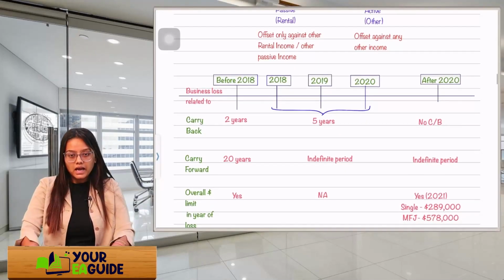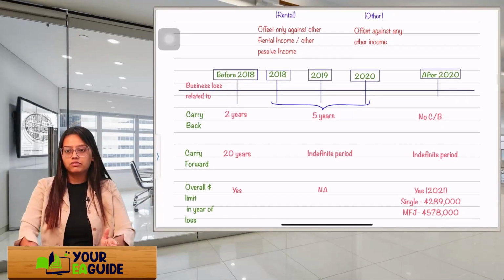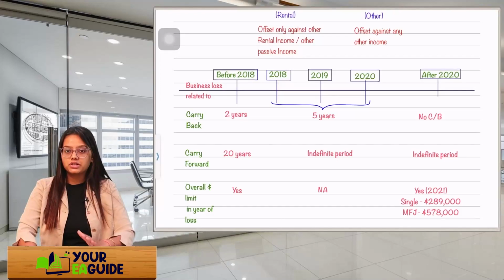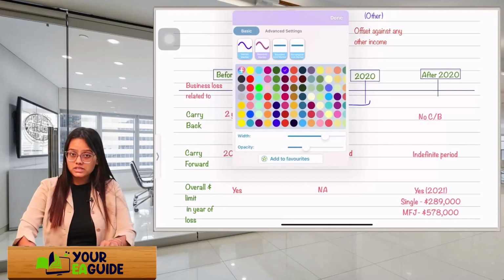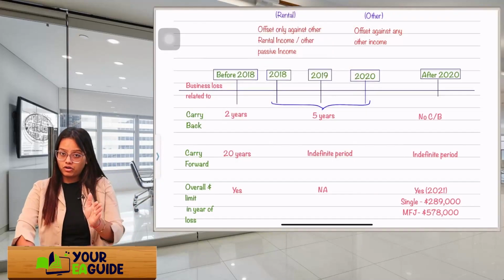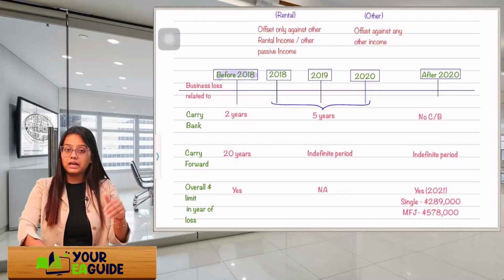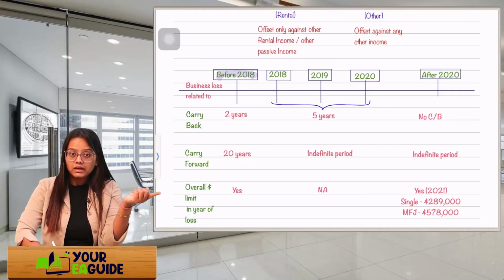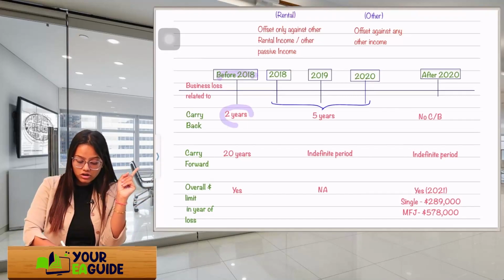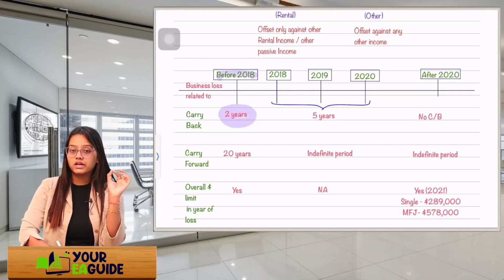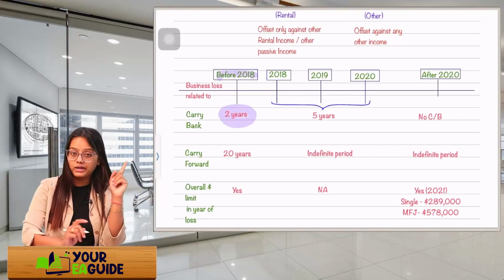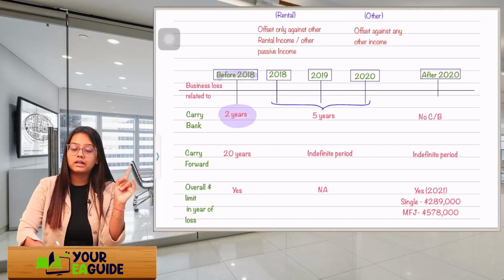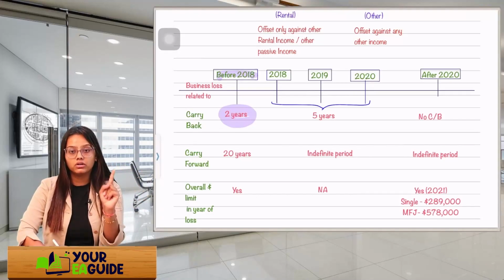Now let's see how much carry back and carry forward there is and what percentage you can offset. For losses relating to before 2018, they can be carried back for 2 years.